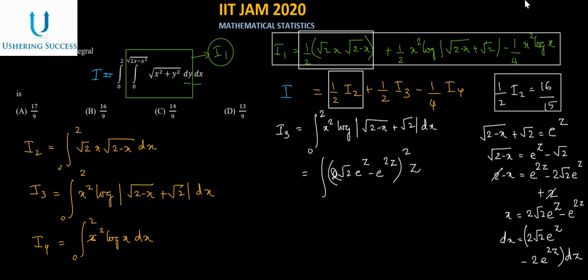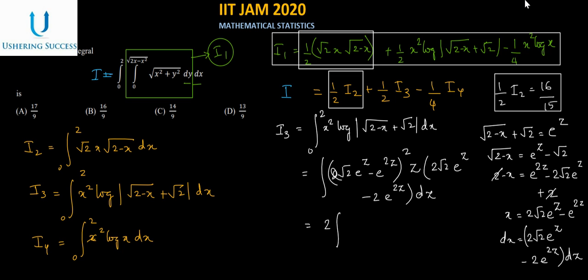Dx is 2 root 2 e to the power z minus 2 e to the power 2z dz. So this is nothing but, I can take the 2 common outside the integral.